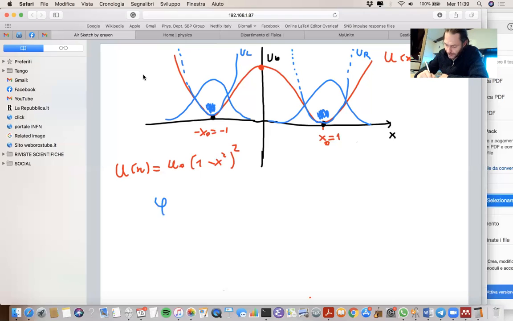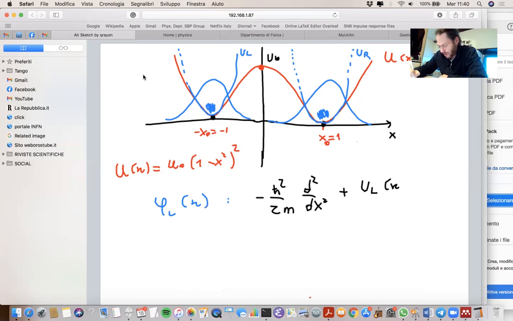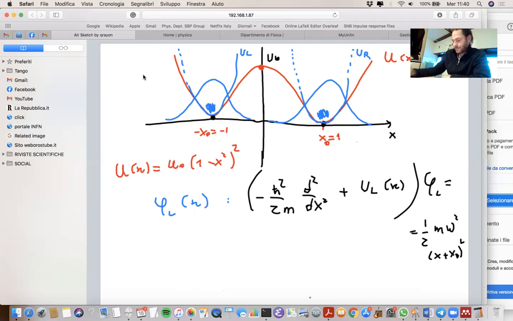So let me call phi left the ground state of the harmonic oscillator. It is the solution of the equation negative h bar over 2m second derivative with respect to x plus U left, the harmonic oscillator on the left, psi left, is equal to 1/2 m omega squared (x plus x naught) squared.